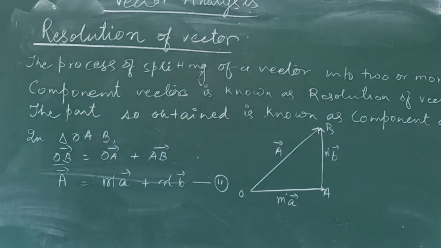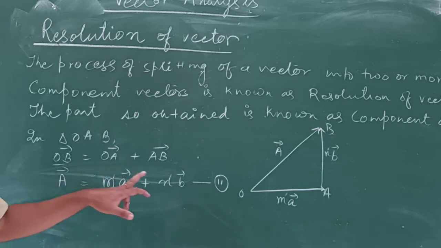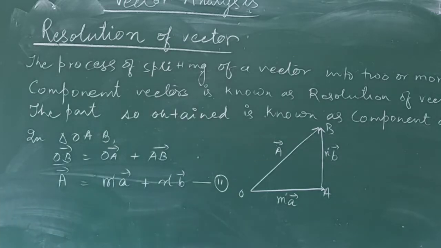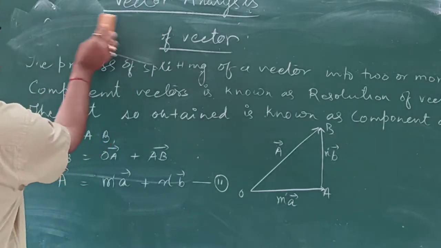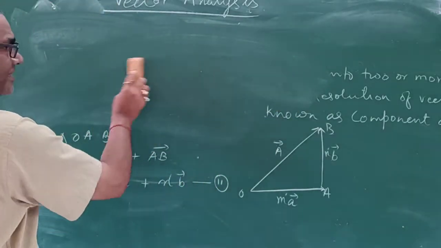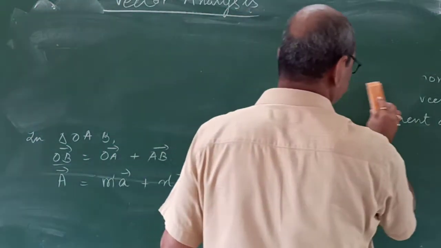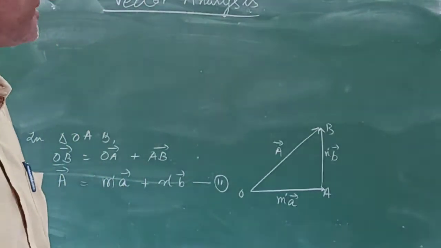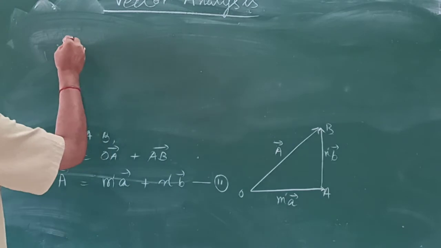From equation 1 and 2, left hand sides are equal, so right hand sides are also equal.